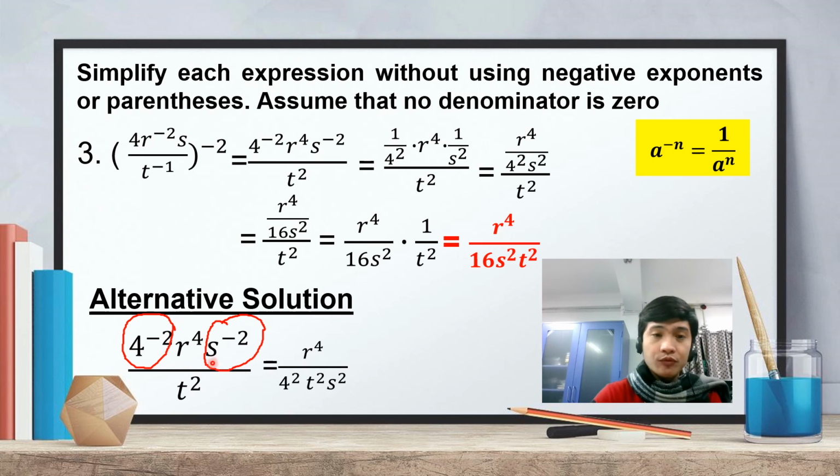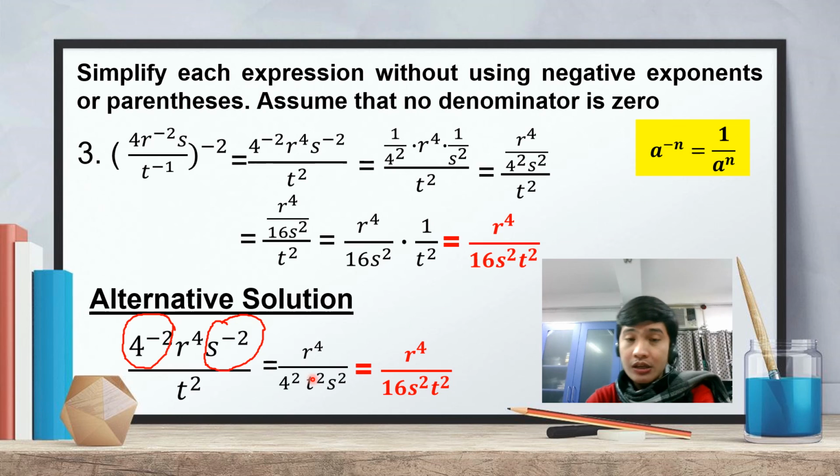So, r raised to 4, hindi natin ginalaw dahil hindi naman negative ang exponent niya. Binaba natin si 4 raised to negative 2, binaba natin si s raised to negative 2, so tanggal ang negative exponent. But then, since ang 4 raised to second power ay pwede pang isimplify, yan ay r raised to 4 over 16s square t square. So, mas madali, mas maikli.